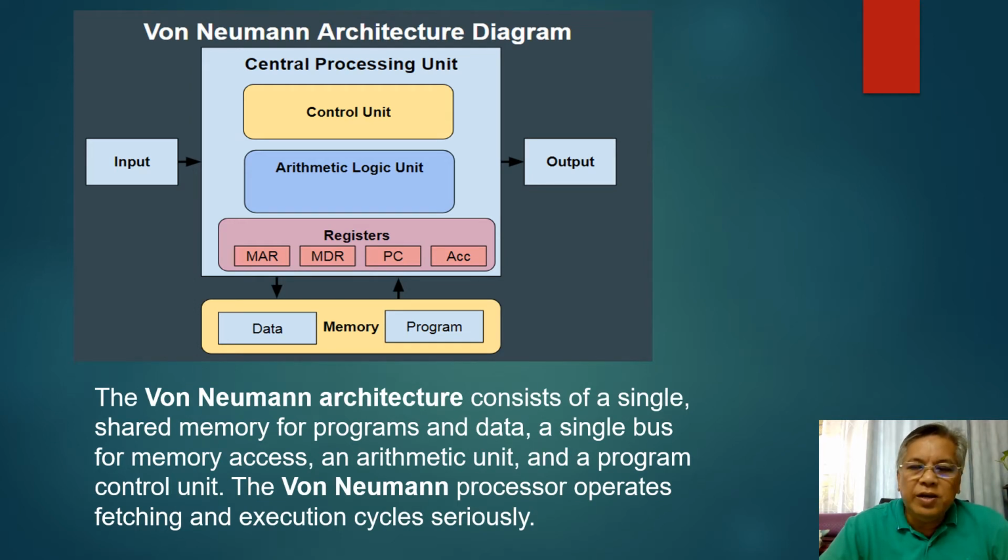So what we have here is the von Neumann architecture diagram. This is very familiar to you. We have the different parts of the diagram. We have the input device here. You have the central processing unit. The central processing unit comprises your control unit, your arithmetic logic unit, and of course, the registers inside your central processing unit.